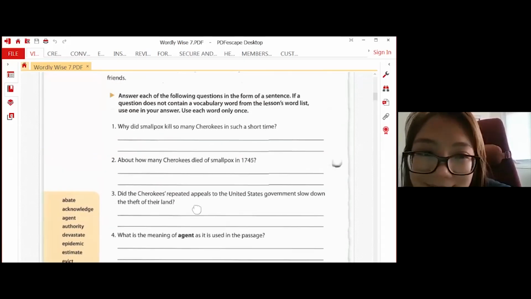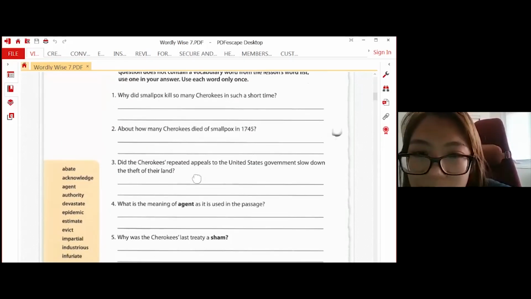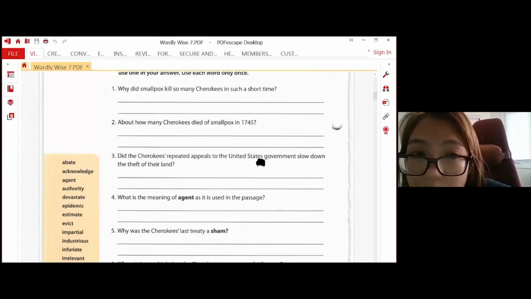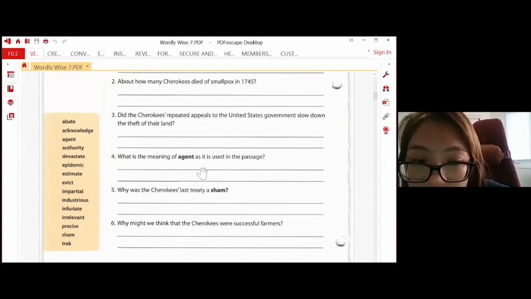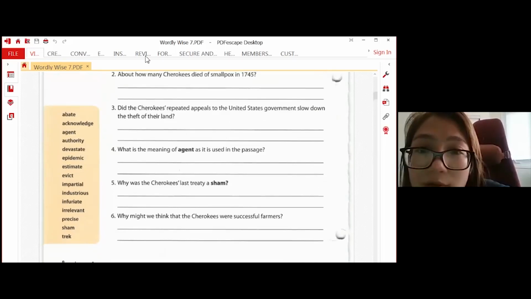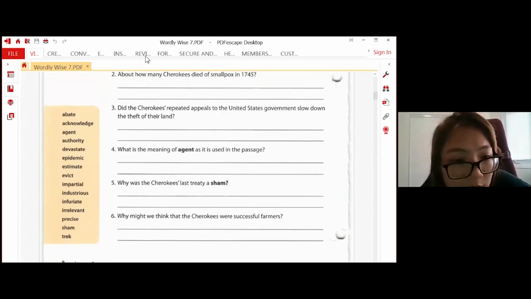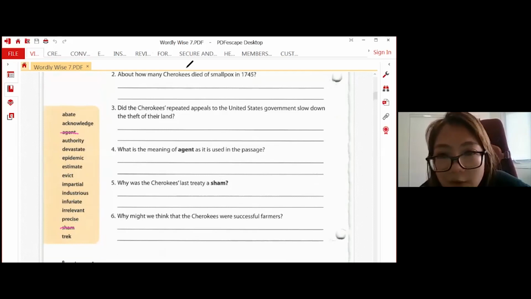It's making it harder for you. If you want, you can take a picture of this. So here you have agent. You cannot use agent anymore. You have sham. You cannot use sham anymore. You can use each vocabulary word only once.